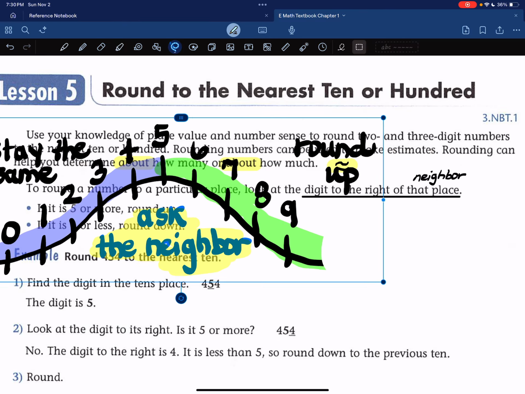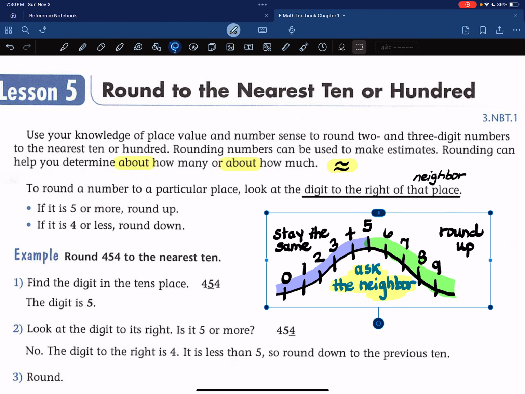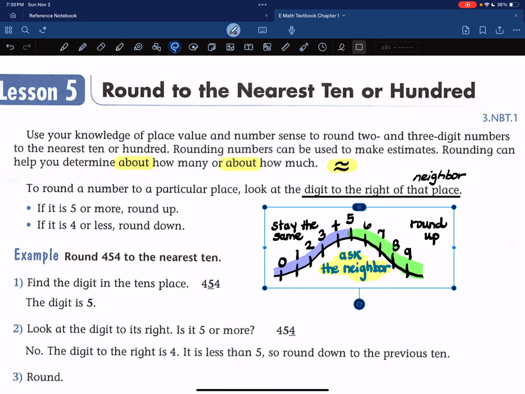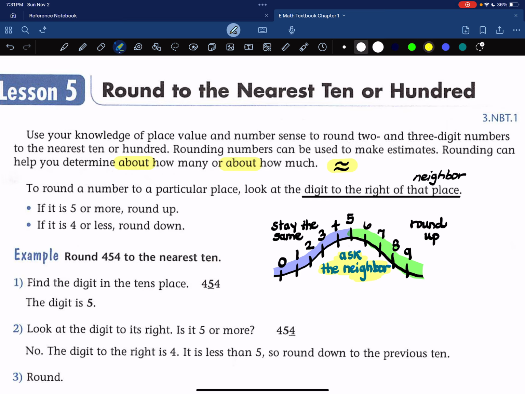Whoa, that's big. So here's our diagram that we did. If the neighbor is 5 or more, round up. That's what we've done here in the green section. This is our roundup section, 5 or more. We round up.